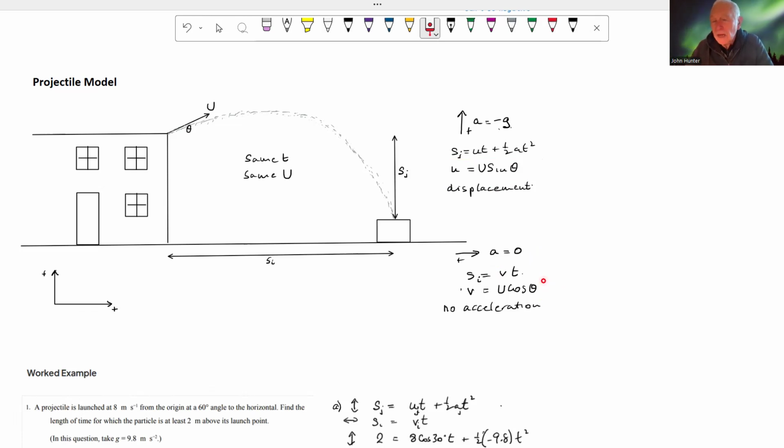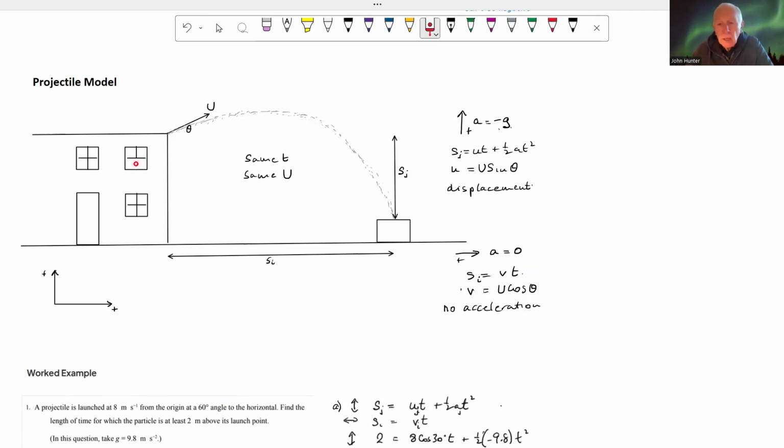It's possible we could have something slightly different, but I think you'd be unlikely to get a question like that. If you did, you can apply these same principles. We'd just use a form of the equation like that rather than like that. So let's say no acceleration. Okay, so those are our two dimensions.